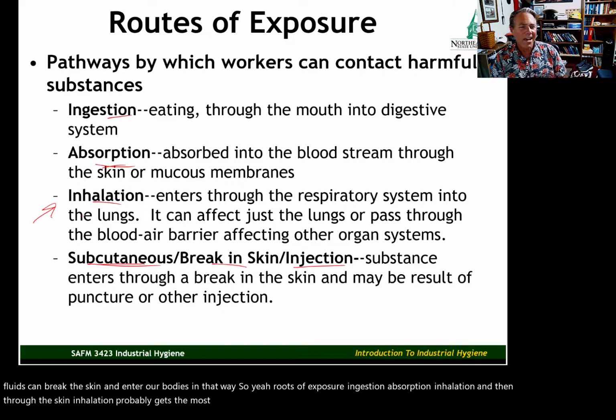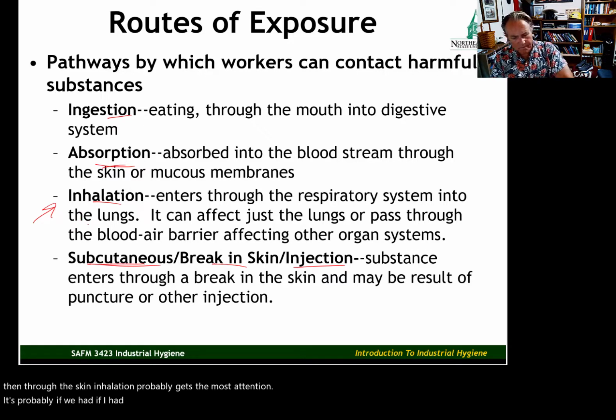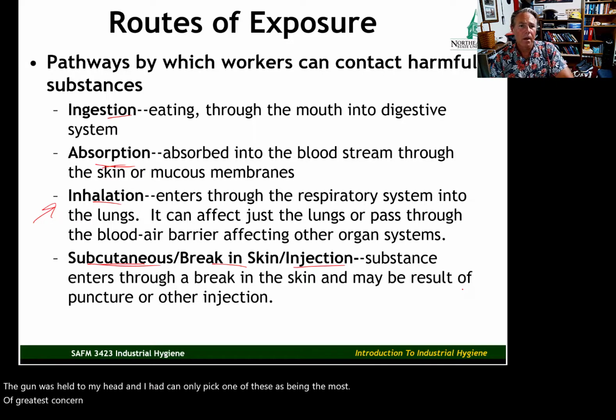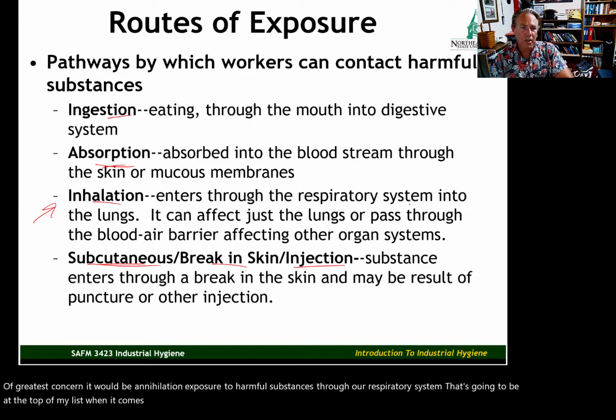If a gun was held up to my head and I can only pick one of these as being the most of greatest concern, it would be inhalation, exposure to harmful substances through our respiratory system. That's going to be at the top of my list when it comes to a lot of the hazards that are out there in the workplace. Protect the worker's respiratory system.